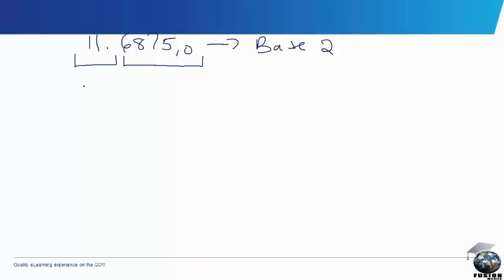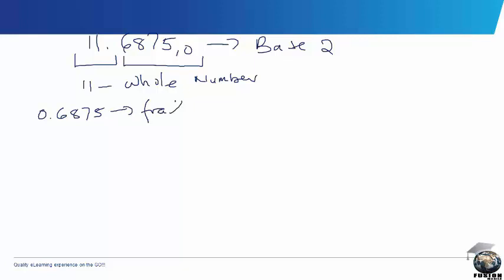On the whole number side we have 11, and on the fractional side we have 0.6875. Okay, now these are the two sides that make up the number.